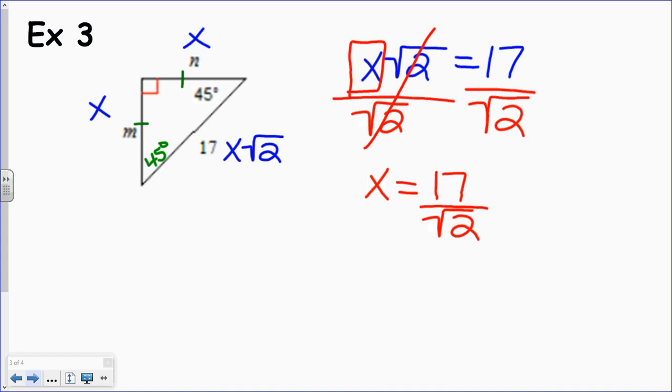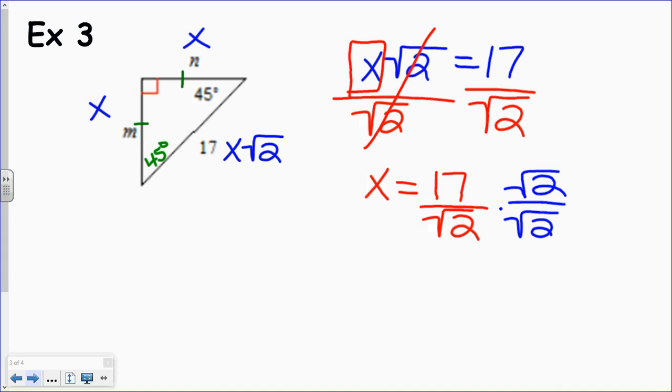Okay, so we're almost there. And what you should remember is that we don't like radicals in our denominator. So now we have to clean that up. To do that, we have to rationalize by multiplying the numerator and the denominator by root 2. So now we're going to multiply across.